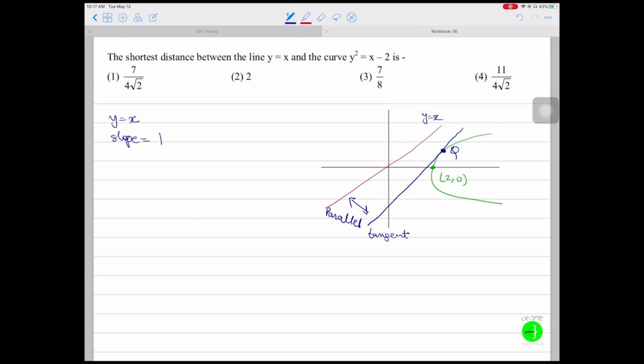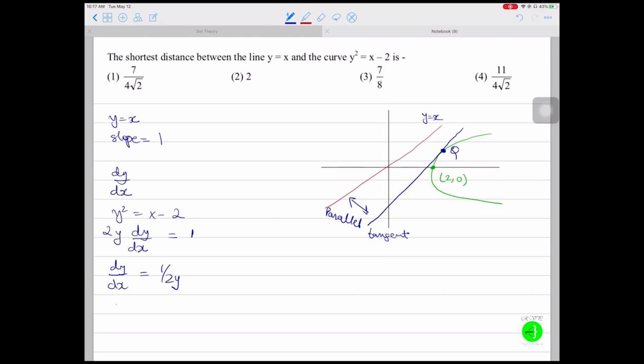So let's differentiate, find dy by dx. For the parabola y squared equals x minus 2, we have 2 times y, dy by dx equals 1. So dy by dx equals 1 over 2y.